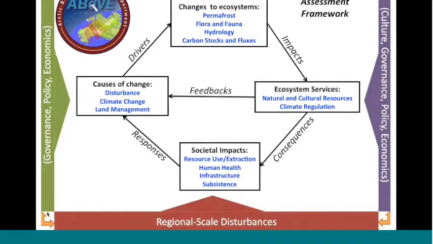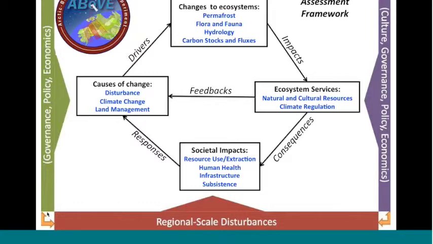But it gives you some idea of the efforts in terms of characterizing ecosystems, the components of ecosystems, whether it's permafrost, the vegetation, fauna, hydrology, what's happening with carbon stocks and fluxes, and how those changes in ecosystems impact the services they provide in terms of climate regulation, in terms of cultural resources, natural resources, and so on. And how those changes in service provisioning have consequences for society.